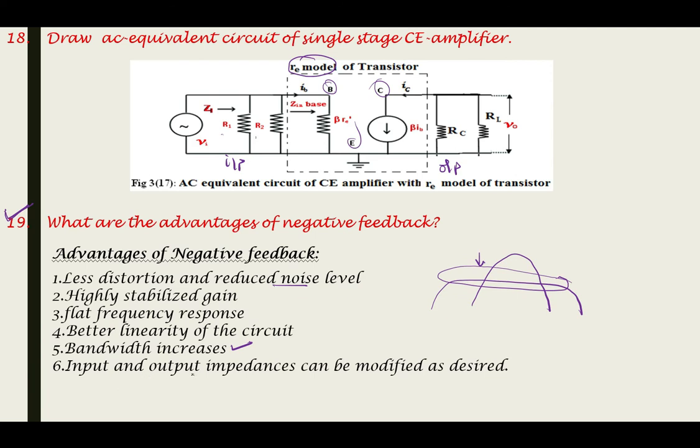Input and output impedances can be modified. Why do I say input and output impedances can be modified? Because I don't know what type of negative feedback I am giving. Is it voltage series, voltage shunt, current series or current shunt? If I take voltage series, then I can say it increases the input impedance and decreases the output impedance.